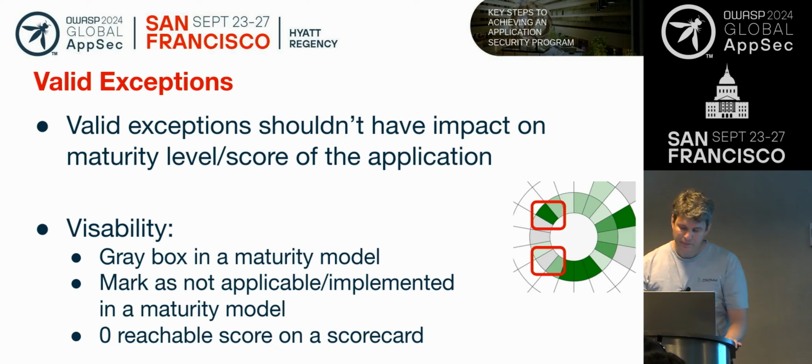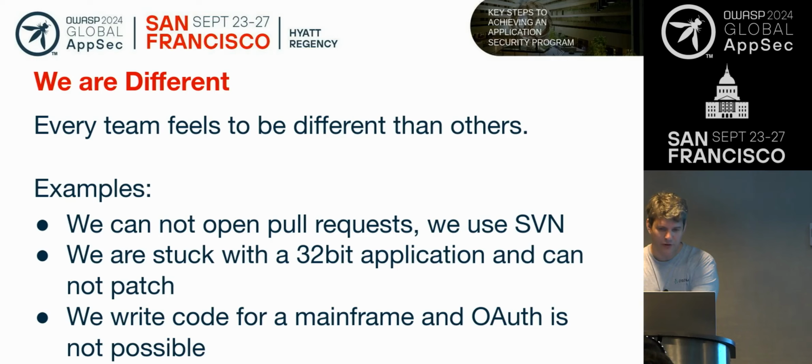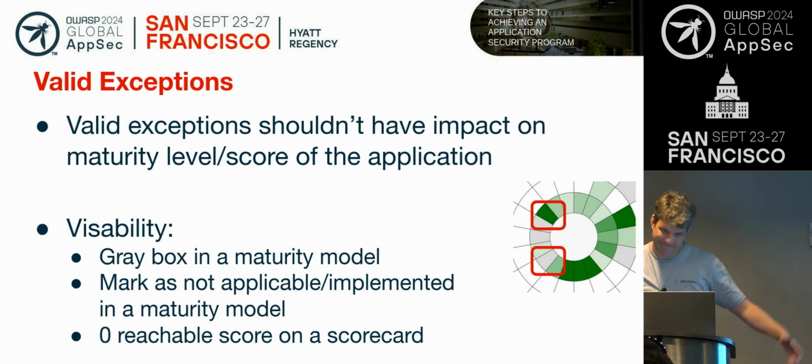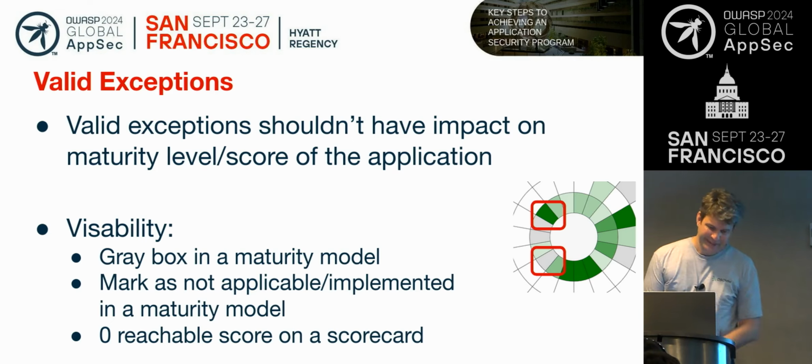And the first one we saw here, we cannot open pull requests, we use SVN, I wouldn't consider that. They can switch to a modern architecture.